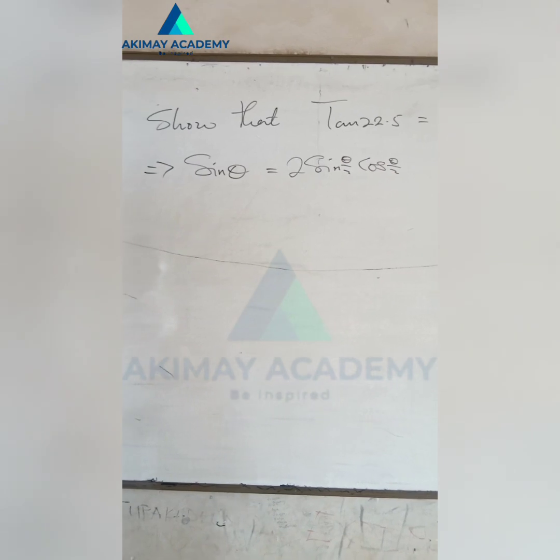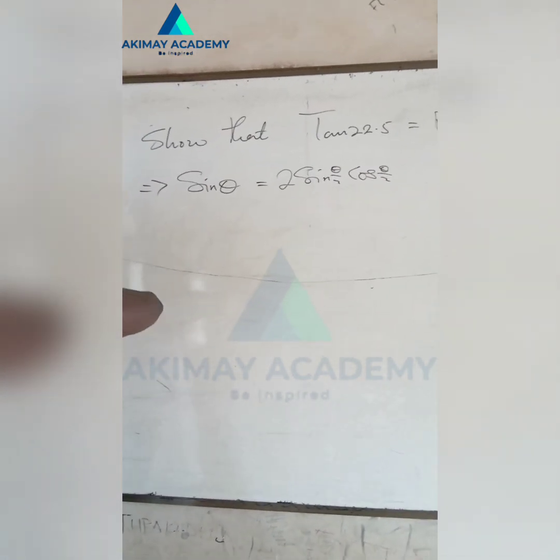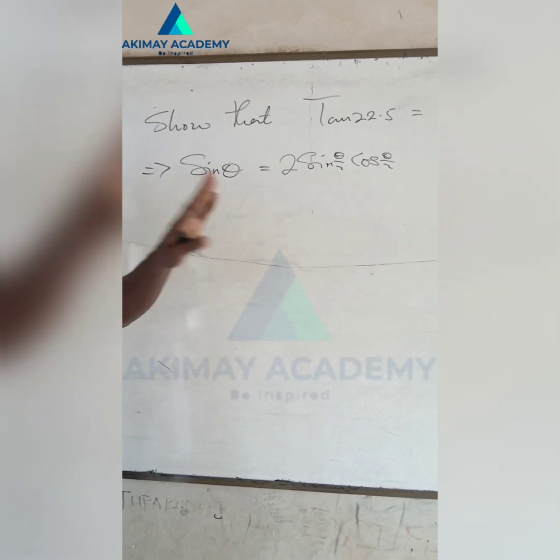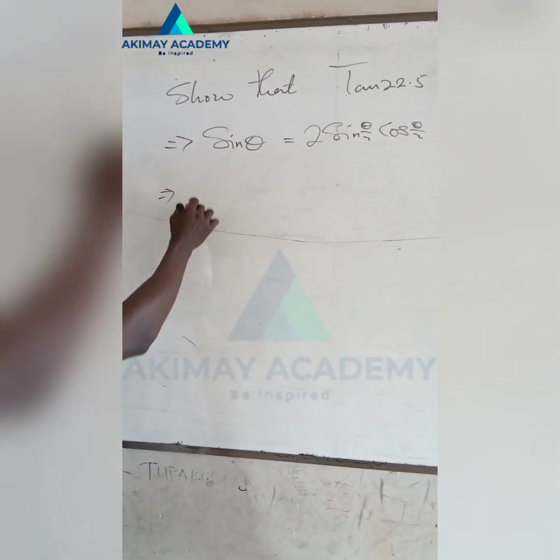So from our half angles, we realize that sine theta equals 2 sine theta on 2 cos theta on 2.